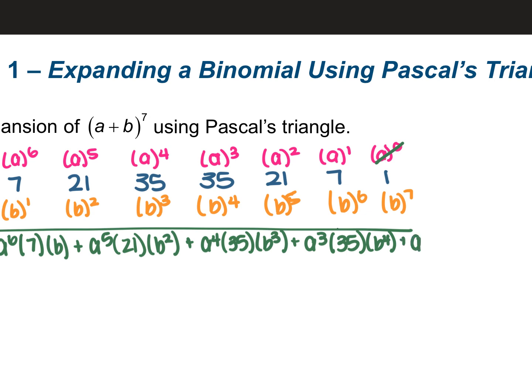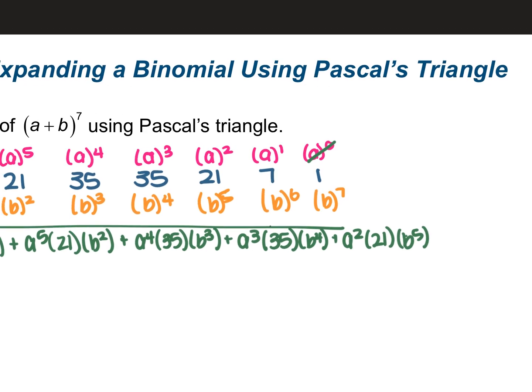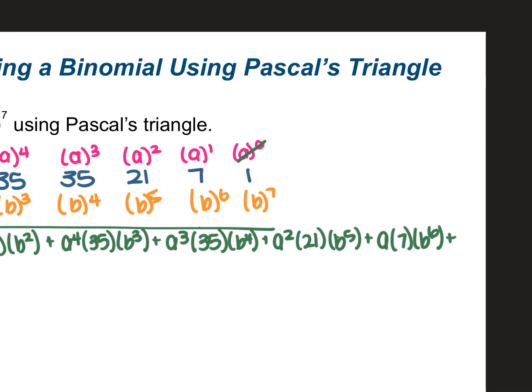Then we have a squared times 21 times b to the fifth. Next would be a to the first times 7 times b to the sixth power. And lastly, we have 1 times b to the seventh.